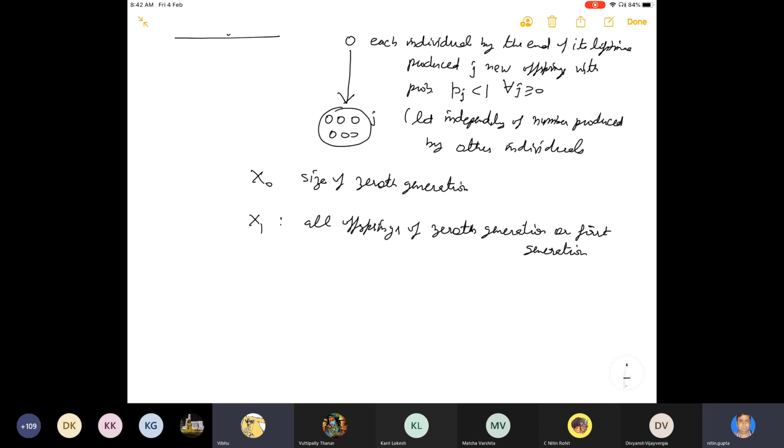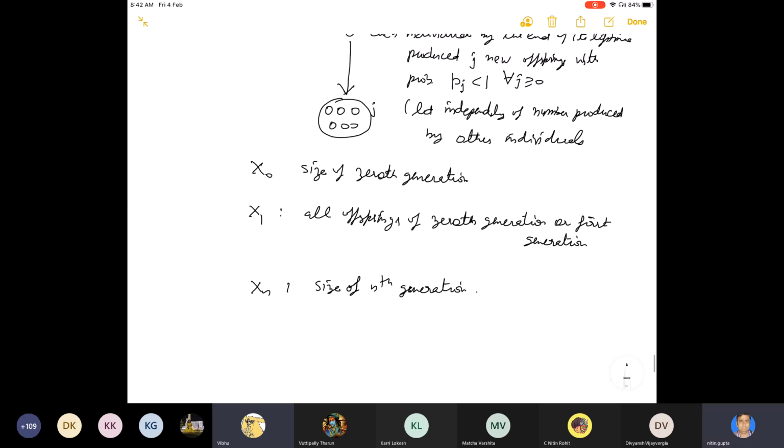Okay, and then we have Xn, the size of the nth generation.